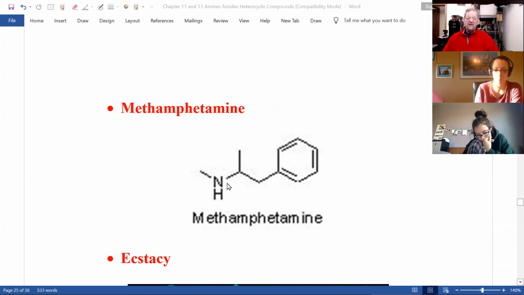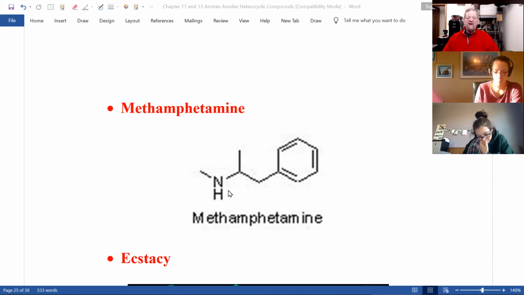Now, here, if you look at the molecule on the screen, you have a very small amine. I got a benzene ring, carbon here, methyl group, nitrogen, another methyl group on the nitrogen. Every bend in the line is a carbon, every end of the line.